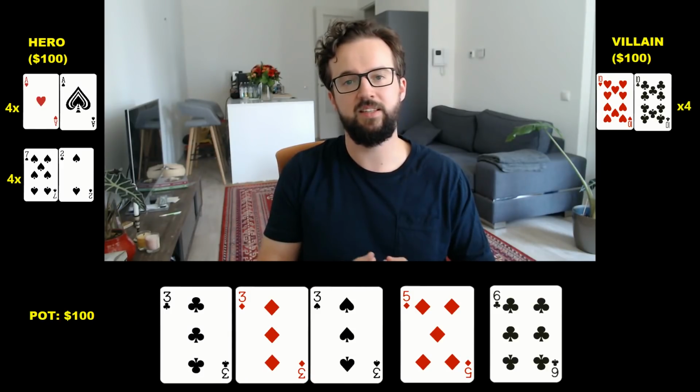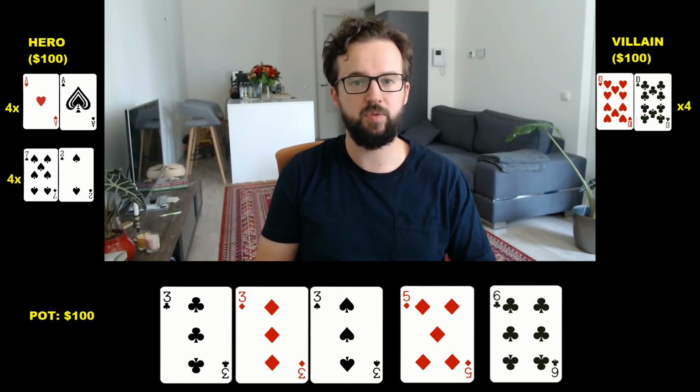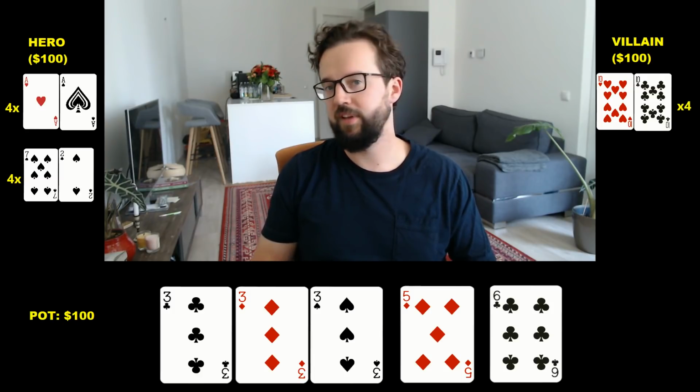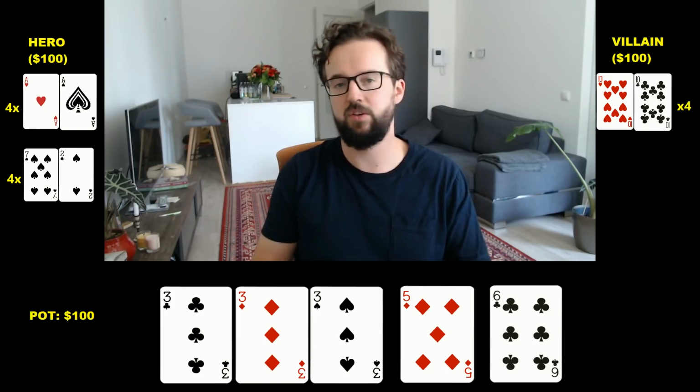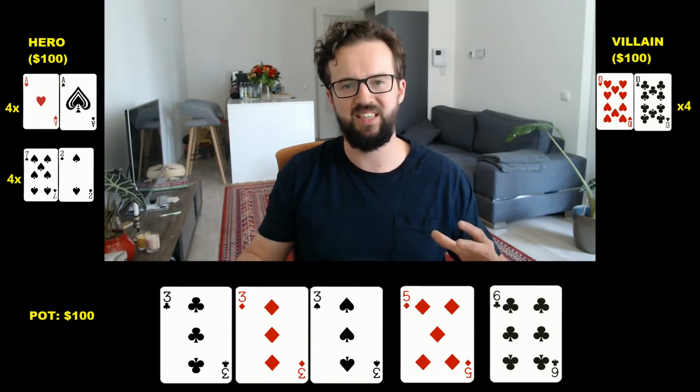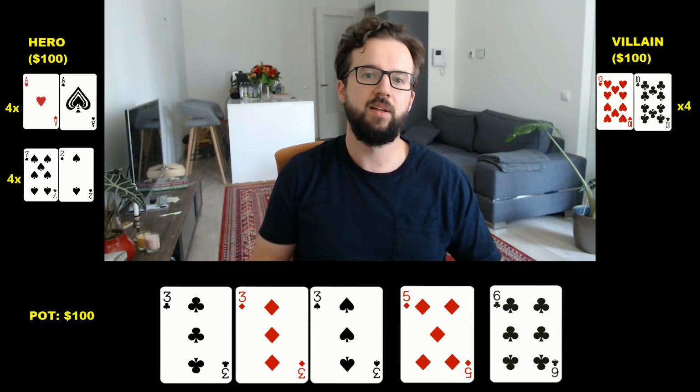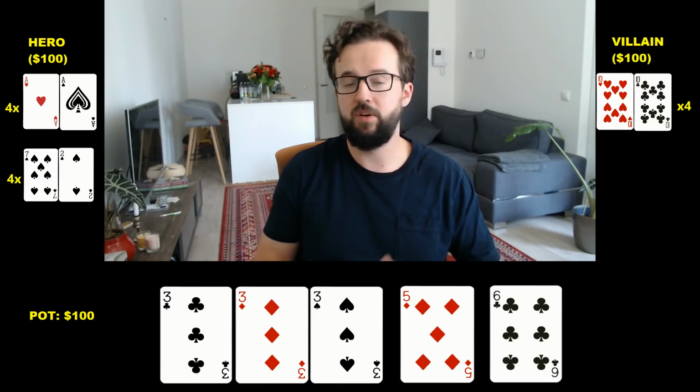You see that in this example, there is no overlap between both ranges. The bluff catchers of Villain don't block any of the value hands or any of the bluffs of Hero. So this makes it a clean example that is exactly like the theoretical example I started talking about. So there are 2 decisions in this example that matter. First of all, Hero will jam all his pocket aces, that's no decision.